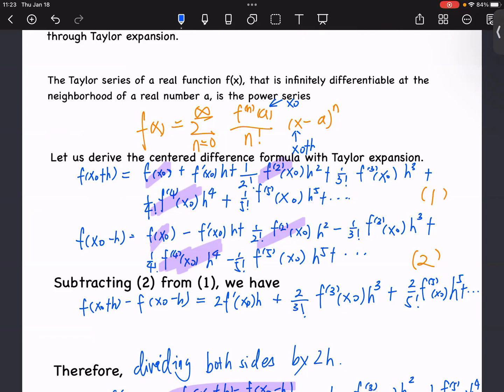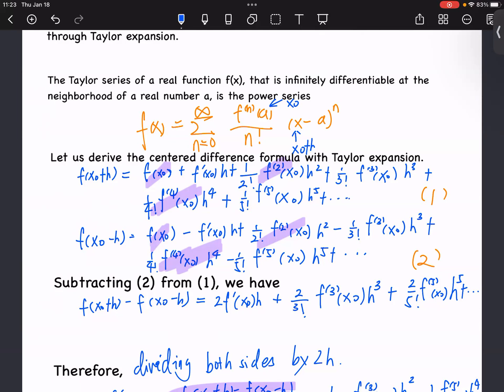You can see if I subtract them, then the odd number terms would go away, right? And if I do the plus here, then we keep the even order terms and remove all the odd order terms.